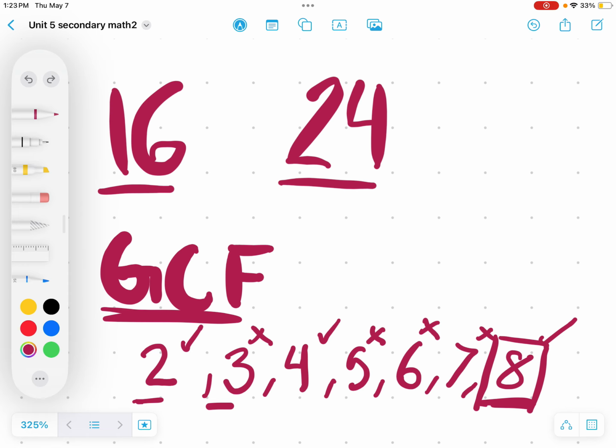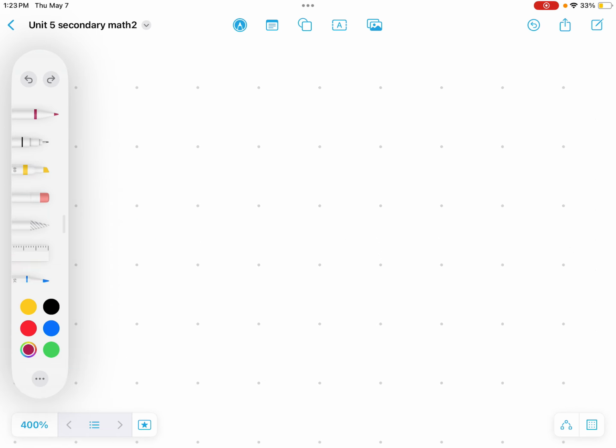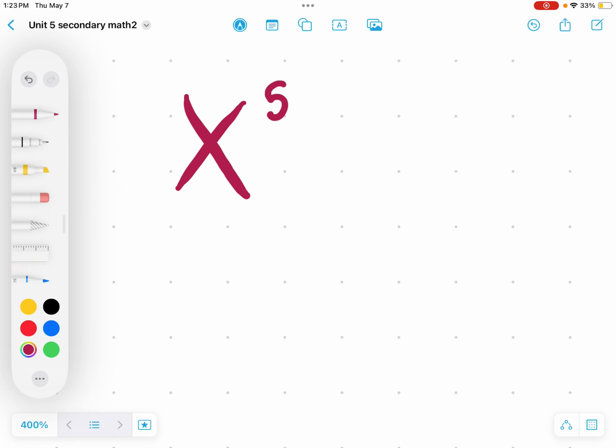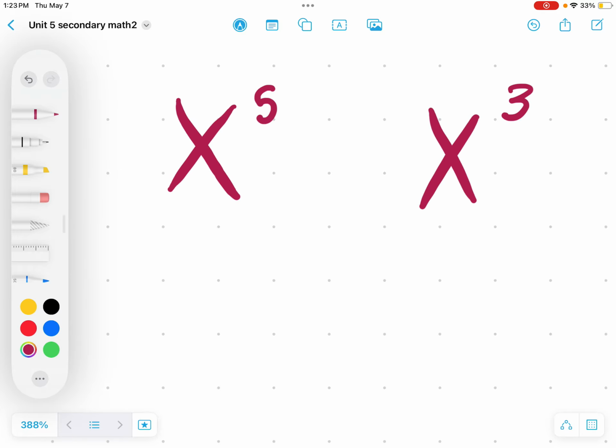Okay? Now what if you had x to the 5th and x cubed? What's your greatest common factor here? How many x's do you have here?